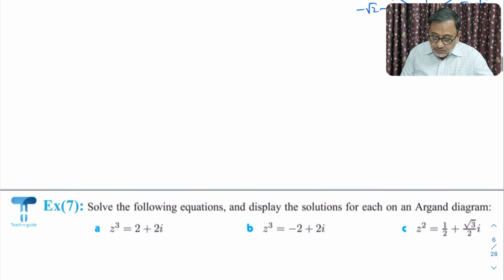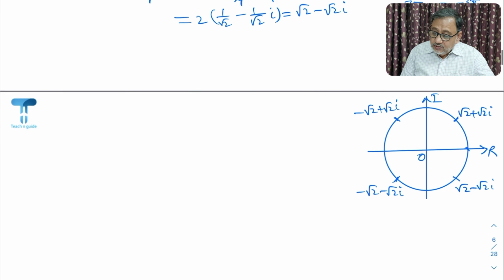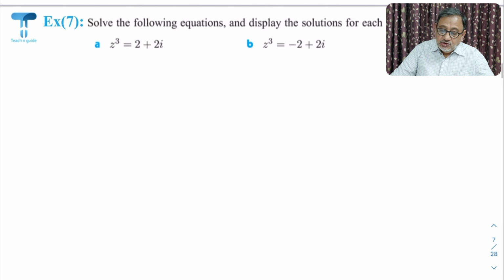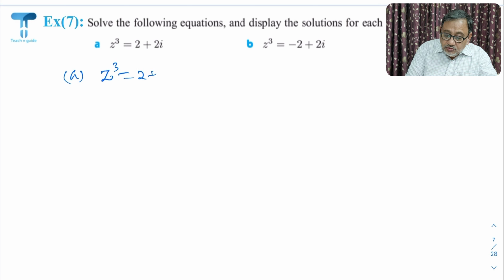Okay then, I hope you understood this. Now the next question is: solve the following and display solutions on the Argand diagram. I have already started showing you on the Argand diagram, right? So let me start with part A. z cube is 2 plus 2i.